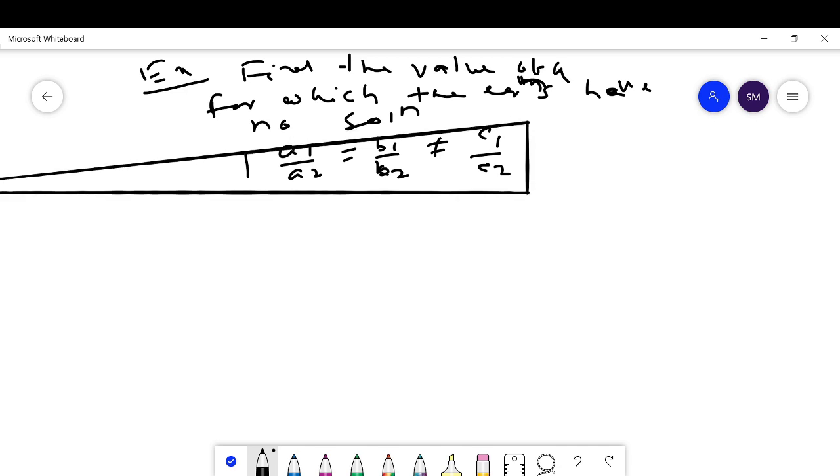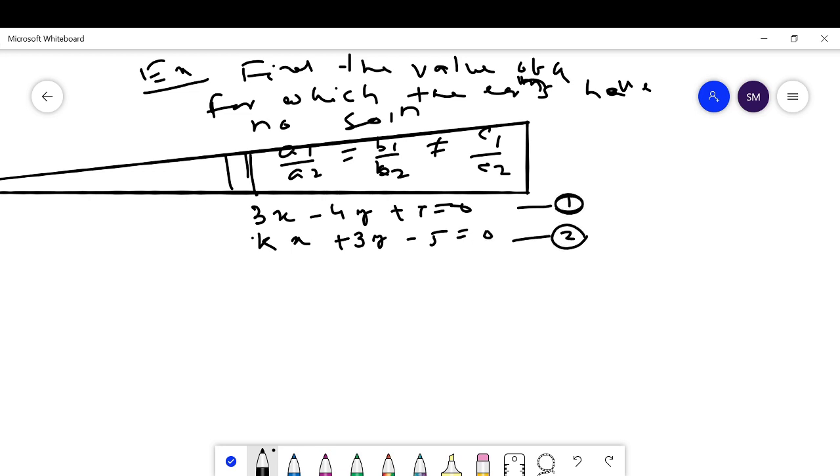Here the given two equations are 3x minus 4y plus 7 is equal to 0. Another equation is kx plus 3y minus 5 is equal to 0. This is equation 1, this is equation 2.